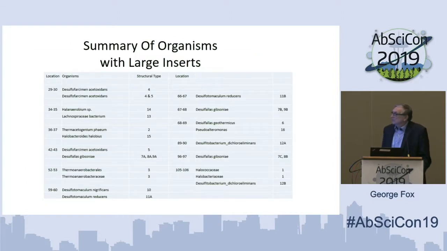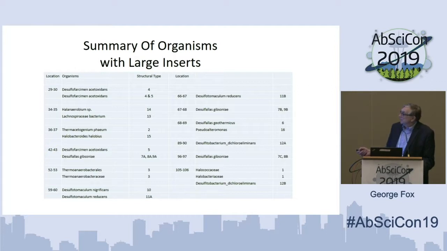Now, this is a grouping of the organisms that have the large inserts. I'm not going to show it to you, but we have them categorized into a structural grouping as to where they are. This is telling you the structural grouping, and we have 17 distinct structural groupings.